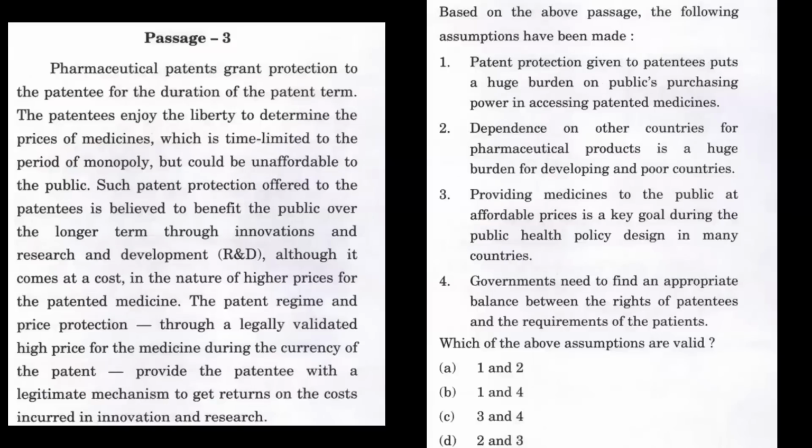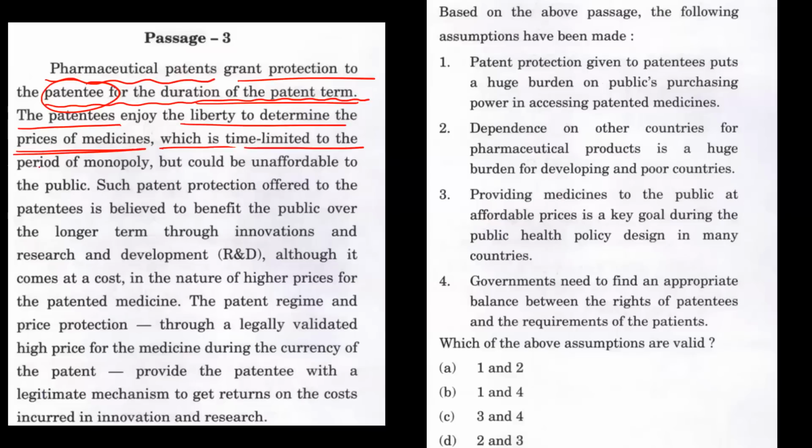Next, let us see this question, guys. Pharmaceutical patents grant protection to the patentee for the duration of the patent term. Next, the patentees enjoy liberty to determine the prices of medicine, which is time limited to the period of monopoly, but could be unaffordable to the public.